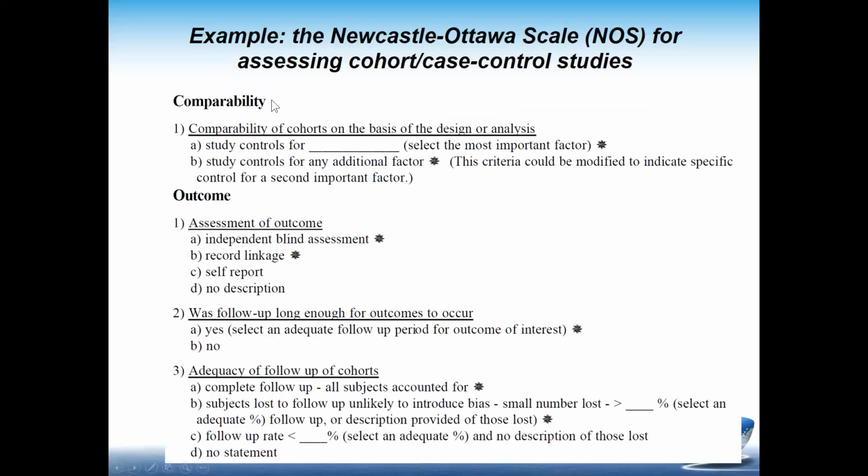And the second component is comparability. You know, for a case control study or cohort study, the most important goal is to get the estimate of effect, risk ratio or odds ratio. That's the most important thing, right? You want to assess the association between exposure and outcome.